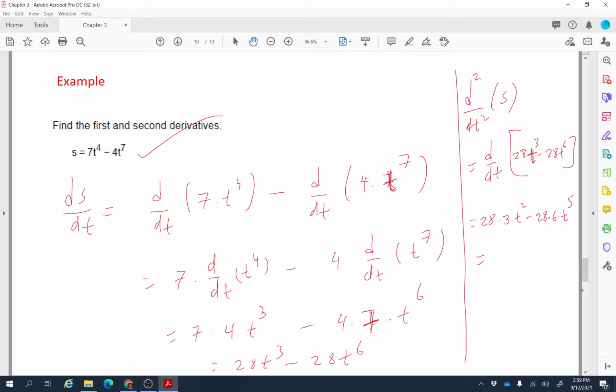So eventually it's 28 times 3 is 84 t square minus 28 times 6 is 168 t to the power 5. So that is the second derivative of the original function, but this is the first derivative of this function.